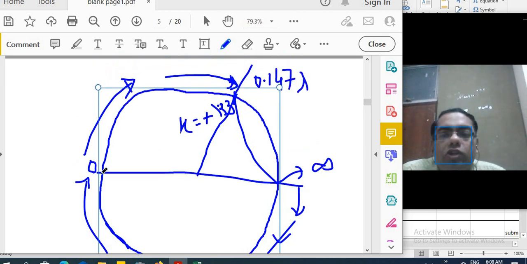so this will be 0.25 lambda. In this 0.25 lambda you add 0.147 lambda, because this 0.147 lambda is coming from here.